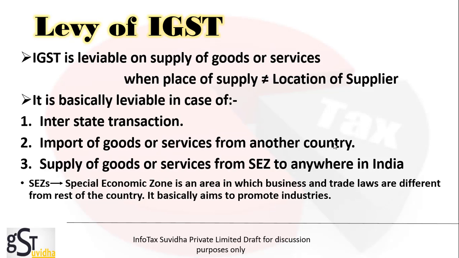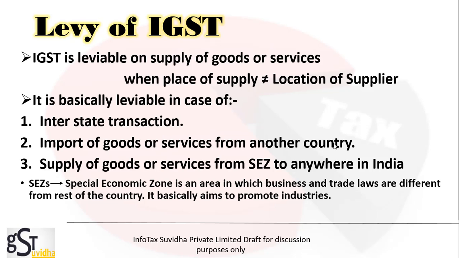Levy of IGST. IGST is leviable on supply of goods or services when place of supply is not equal to location of supplier. So here we can see it is completely opposite of CGST plus SGST, where we have already read that it is levied when place of supply equals location of supplier.